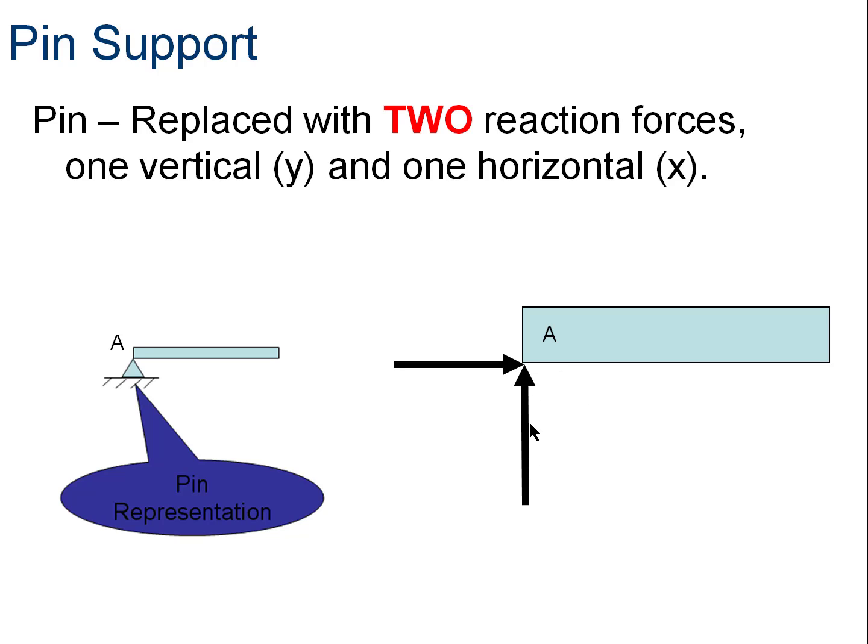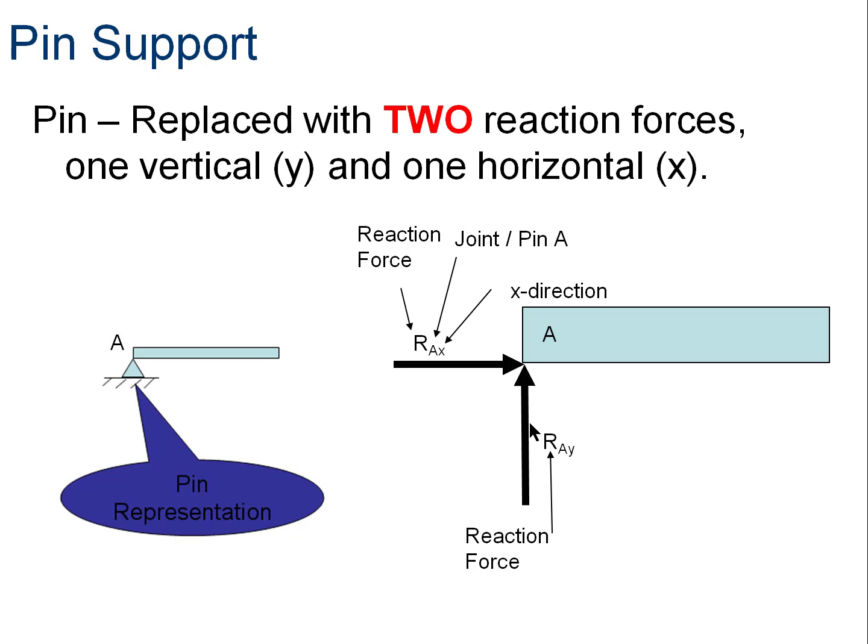Kind of like a bolt through a hole. Now I talk about that force as the reactionary force at point A in the X direction. Similarly, I would talk about the vertical force as a reactionary force at point A, but now in the Y direction.